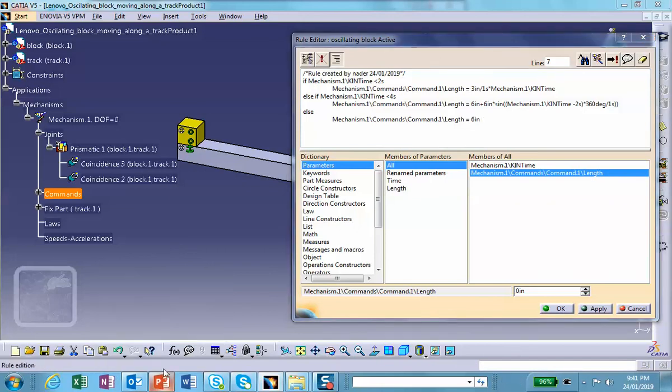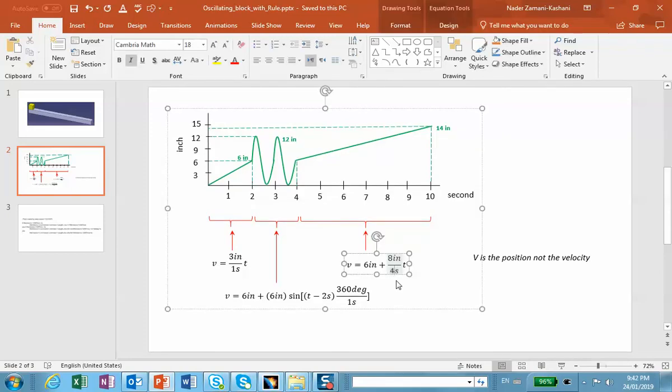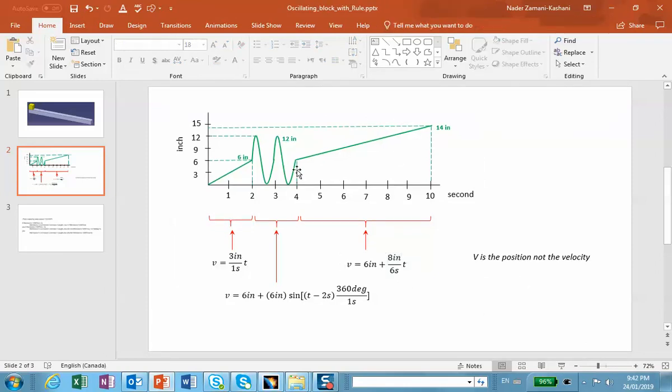At the end of the oscillation, you start at 6 inch height, and then you go with the velocity, which is 8 over a 4 second period. 8 over a 6-second period. This is also a mistake. Over 6-second period, this should be 6. All right. 8 inches this way over 6-second period.